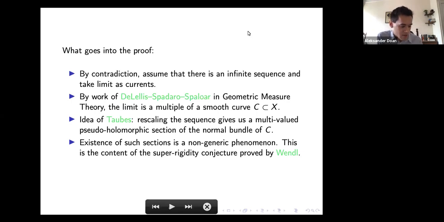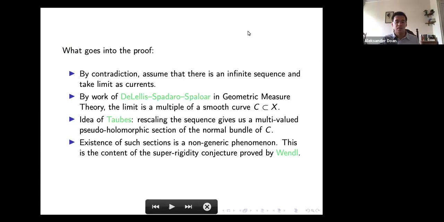Because a pseudo-holomorphic curve of a given homology class has fixed energy, this sequence has bounded energy or bounded area, and therefore you can take its limit as currents.